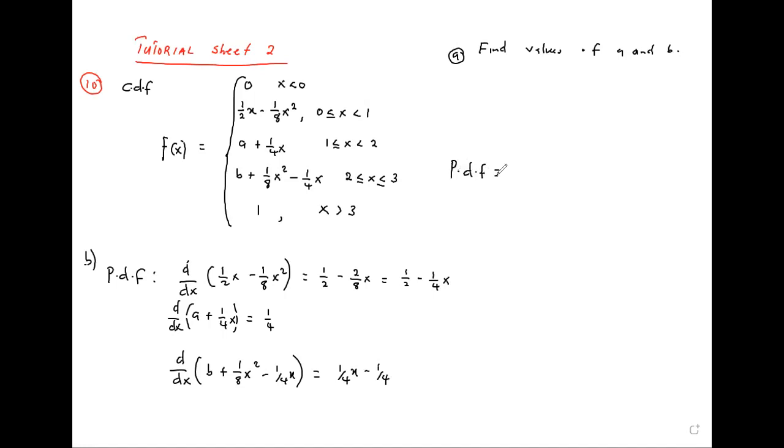Our PDF is going to be 0 when x is less than 0. And then the first piece is 1/2 minus 1/4x, of course, when 0 is less or equal to x less than 1.